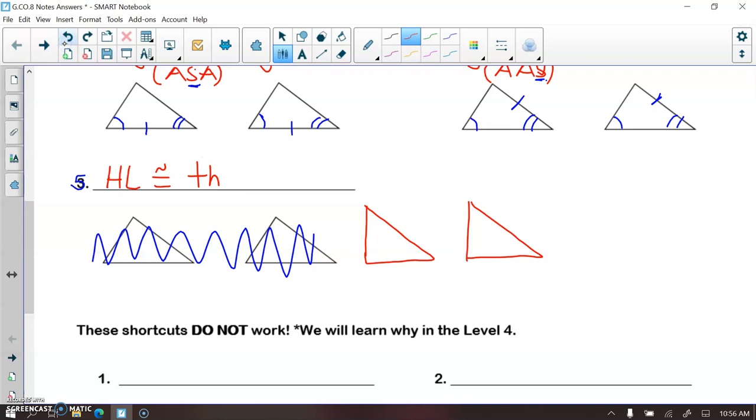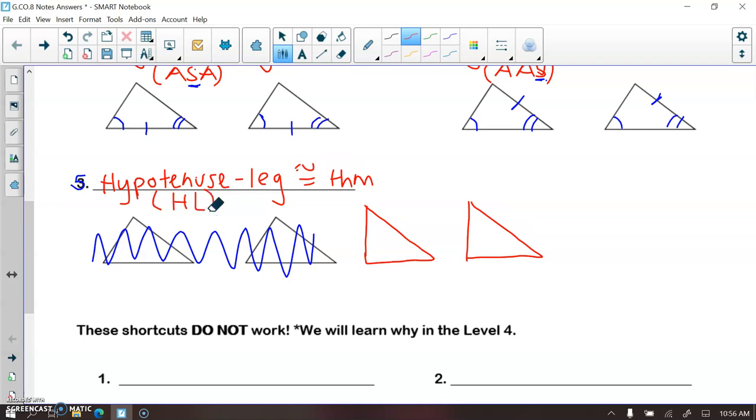Which actually, sorry, let me write it out like I did the others. It's called the hypotenuse leg congruence theorem. So a way to abbreviate that is HL congruence theorem.